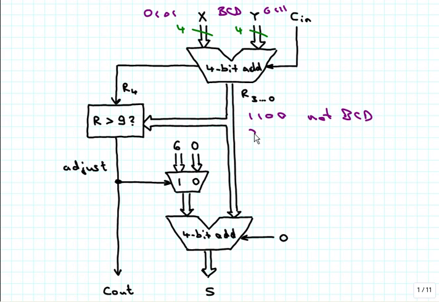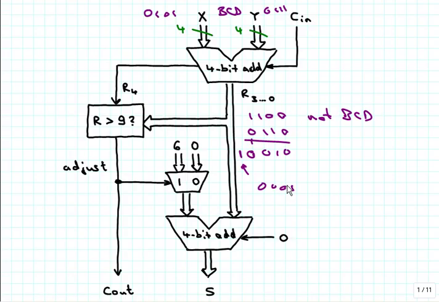So we add 0110, which is 6, and we get 0, then 1 and 1 is 0, keep a 1, 1 and 1 is 0, keep a 1. And so what we're getting is a carry out, which goes out here, and 0010. So now we actually have 12 in BCD representation. The topmost bit here just means 0001, and the lower 4 bits are the ones digit of this addition.